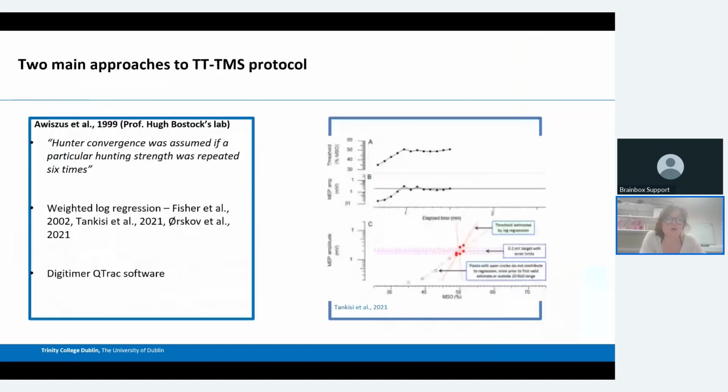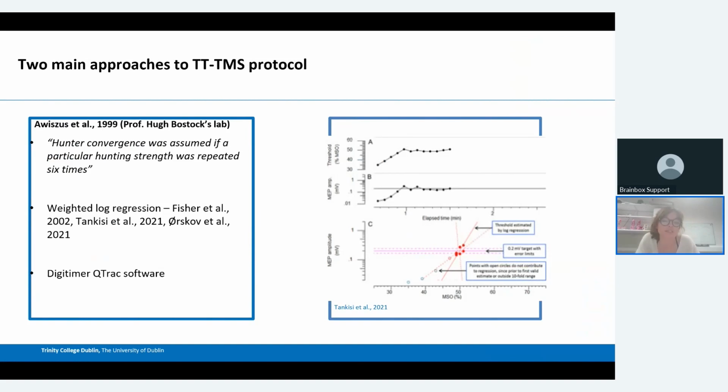So how do you use the data you're collecting to get the threshold? There are two main ways of doing that. In 1999, Friedman Avicius, while working with Hugh Bostock, looked at this so-called hunting. Sometimes you'll see it called threshold hunting, sometimes threshold tracking, where you use a logarithmic regression.